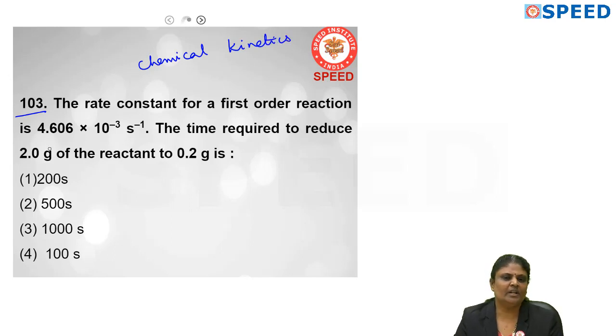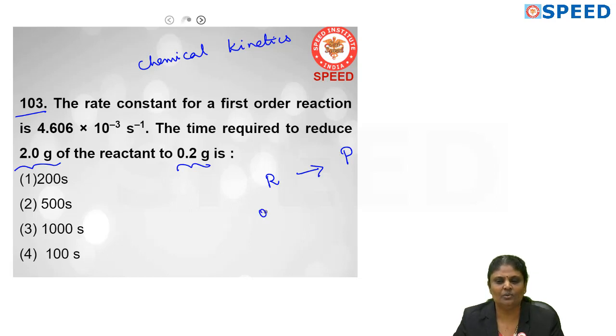So first order reaction is 4.606 into 10 to the power of minus 3 per second. So the time required to reduce 2 gram of the reactant to 0.2 gram. Okay, so here 2 gram, this is in whole number and this is in fraction. So usually we write the reactant in the left hand side and product in the right hand side.